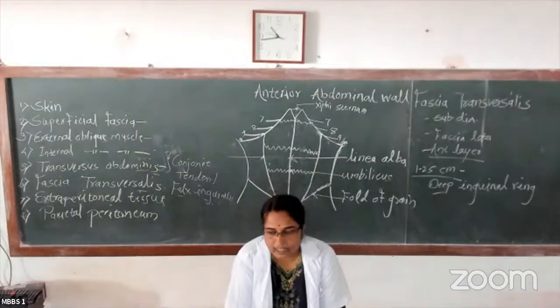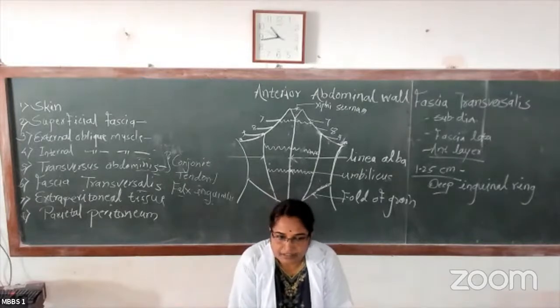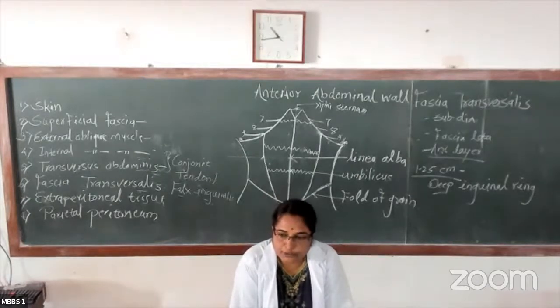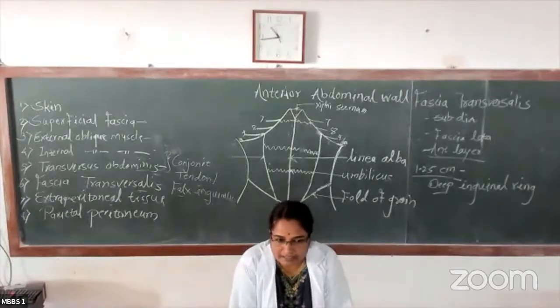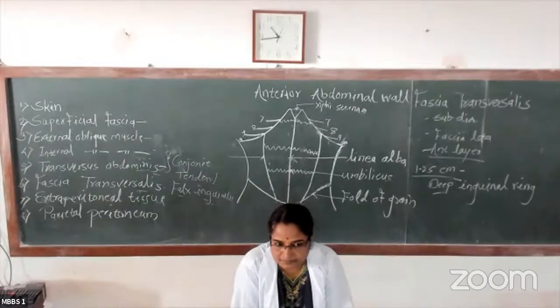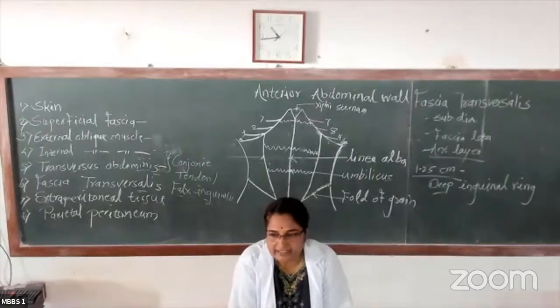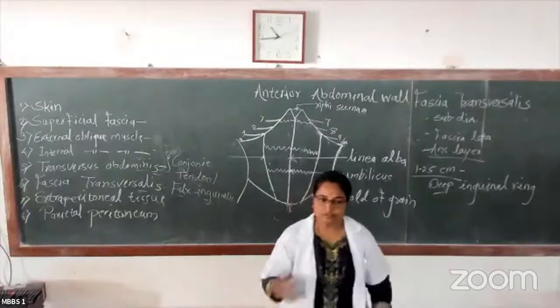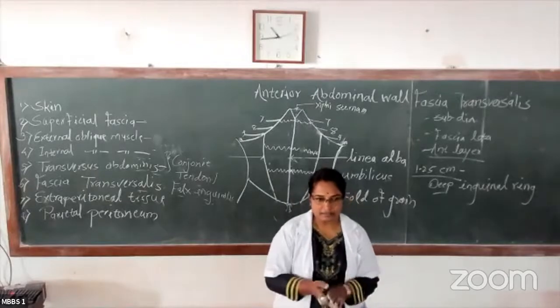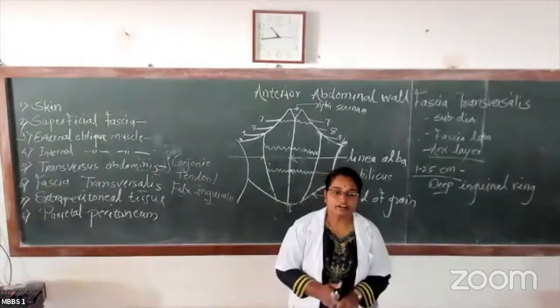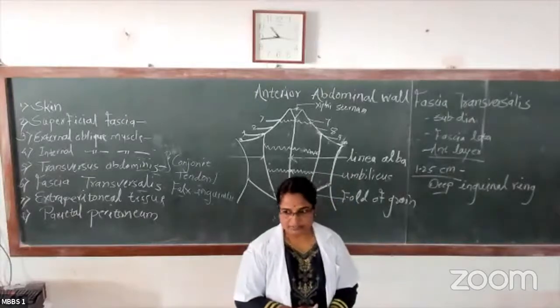Again, as you know, in the thigh it extends 3 to 4 centimeters over the femoral vessels, and it forms the anterior wall of the femoral sheath, isn't it?